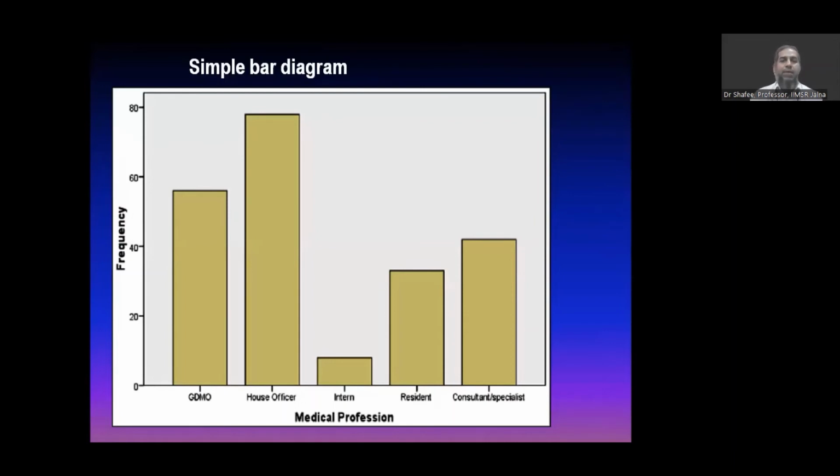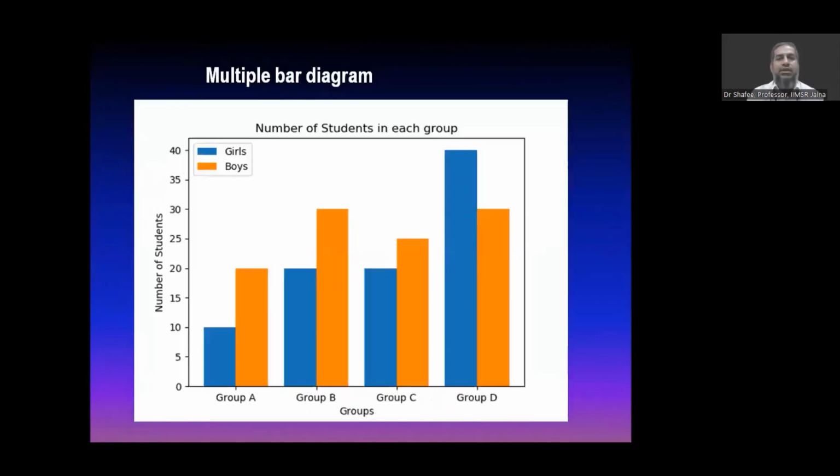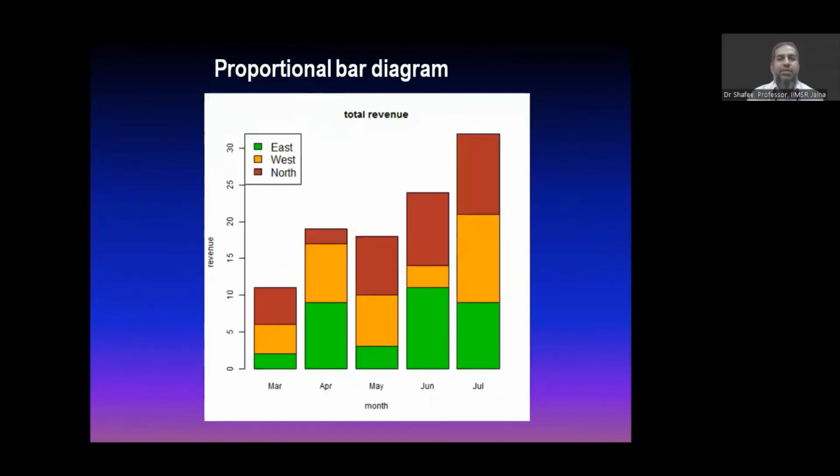So the width of the bar will be the same, and the space between two bars will be half of the width of the bar. This is called a multiple bar diagram, meaning two or three bars are shown adjacent to each other, for comparing between the two variables. And a proportional bar diagram is shown by one bar having different components or proportions.